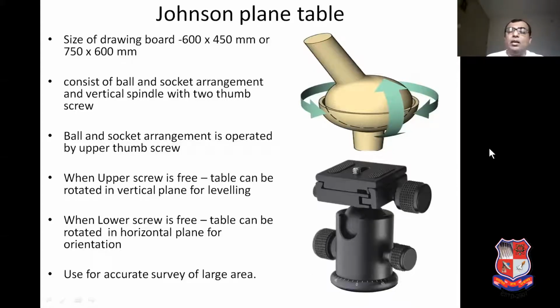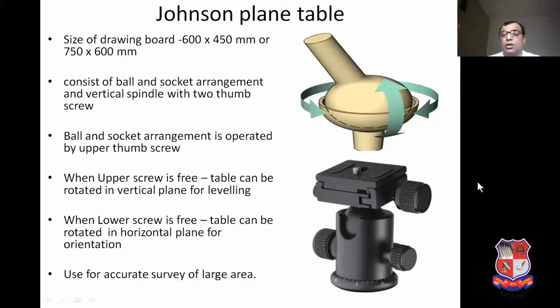You can see in this top figure, this is the ball and socket arrangement, and this is the thumb screw that is provided for the leveling purpose. Ball and socket arrangement is operated by the upper thumb screw. When the upper screw is free, the table can be rotated in the vertical plane for leveling purpose, and when the lower screw is free, the table can be rotated in the horizontal plane for orientation purpose.